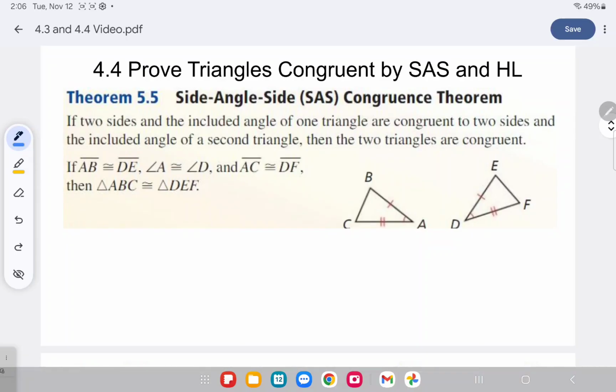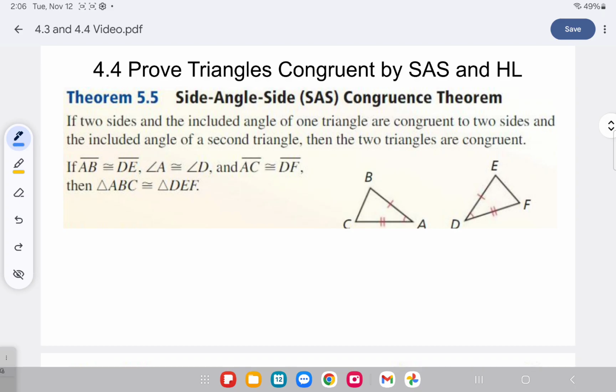So that's one shortcut. We're also going to do 2 more shortcuts. The next shortcut is called SAS, which stands for side, angle, side. In order for side, angle, side to be used, we have to prove that 2 pairs of corresponding sides are congruent and their included angles are congruent.